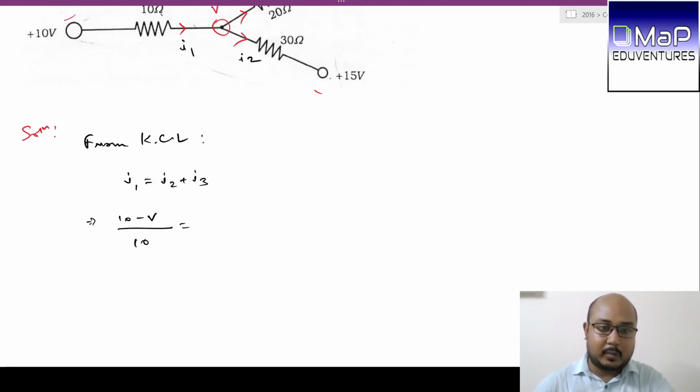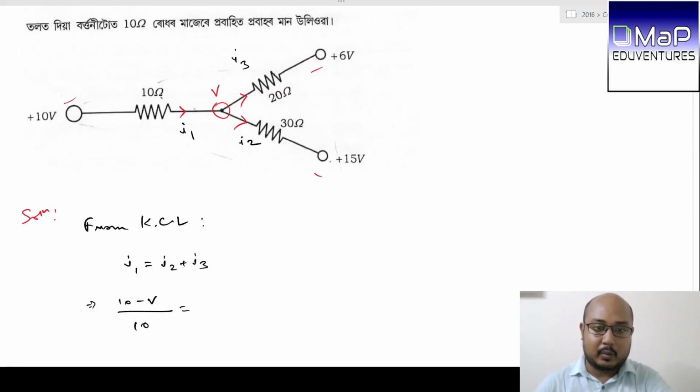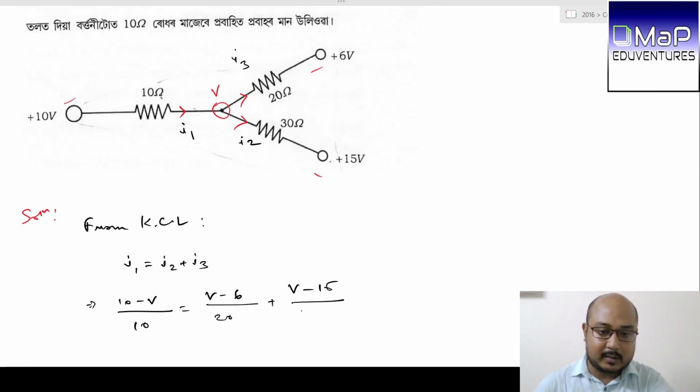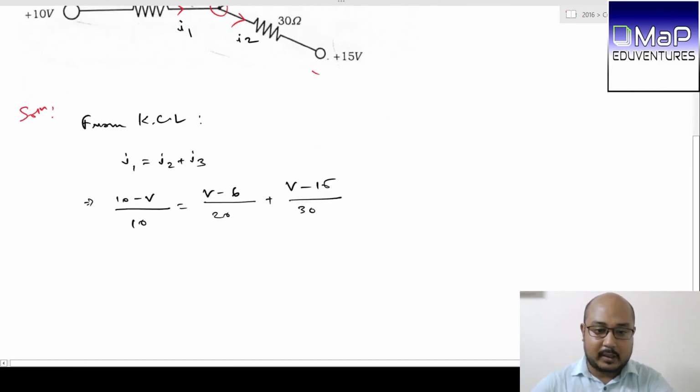Similarly, I2 will be V minus 6 divided by the resistance 20, plus the third side, where the resistance is 30 ohm and the potential difference is V minus 15, divided by the resistance 30.